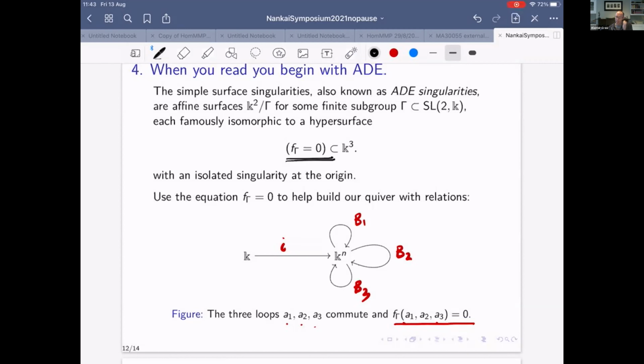If you want a Nakajima quiver variety construction, then you're going to struggle, because these are known to be, at least for dimension vectors where they're primitive, so indivisible vectors, and in particular I was going to put dimension vector 1 at this vertex, then for a generic parameter, they are crepant resolutions of the affine quotient.